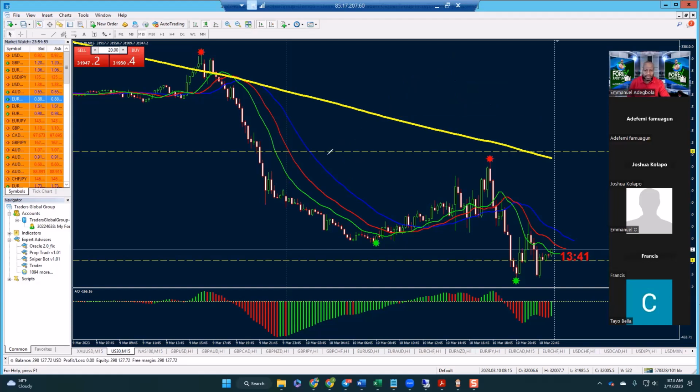Once again, this is the alligator, as the Bill Williams indicator is called, and it's right there on your MT4. According to Bill Williams, this is the lip, this is the teeth, and this is the jaw, just like a regular alligator.